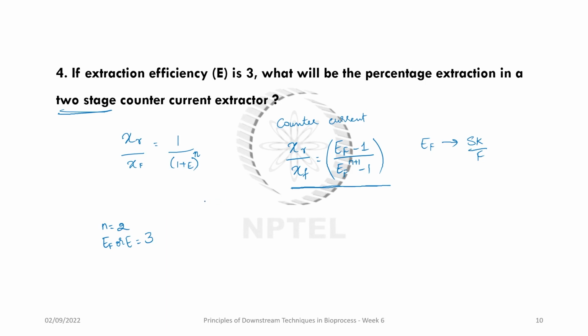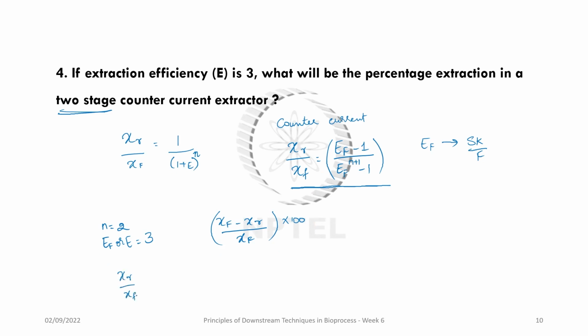And what do they want? What is the percentage extraction? So what is needed is XF minus XR divided by XF into 100. This is what you're supposed to give as the answer. So let's substitute in this equation.